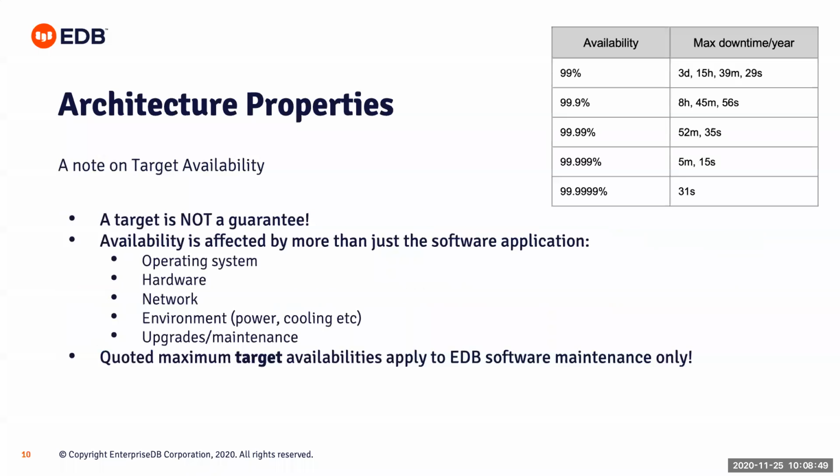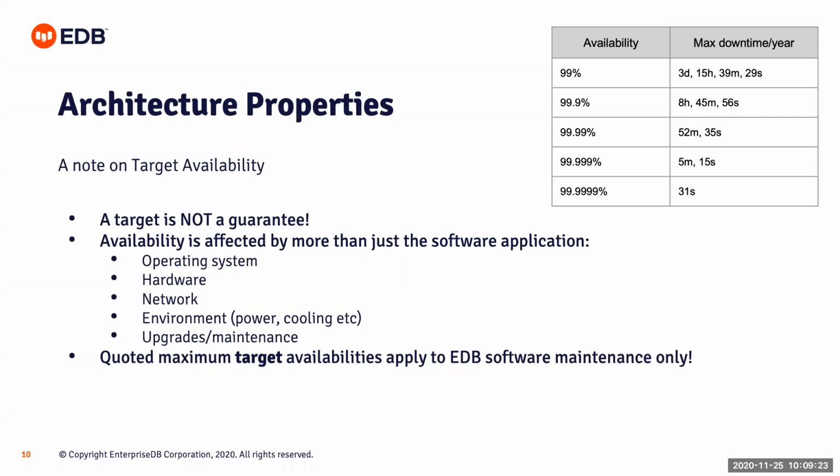In the top right corner here, we have some numbers for availability seen across a year. With 99%, you are allowed to be unavailable for 3 days and 15 hours, as opposed to 6 nines at the bottom, where within a year you don't meet your required uptime if you have more than 31 seconds of downtime during that year.